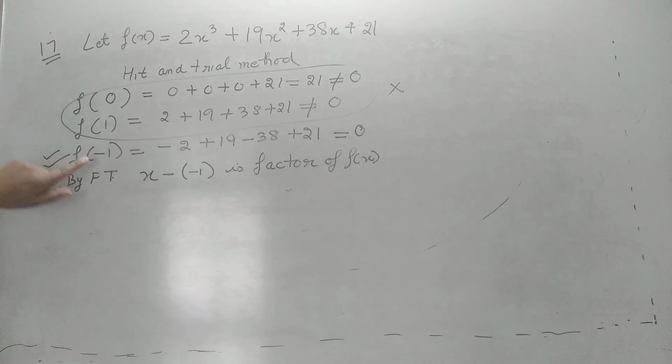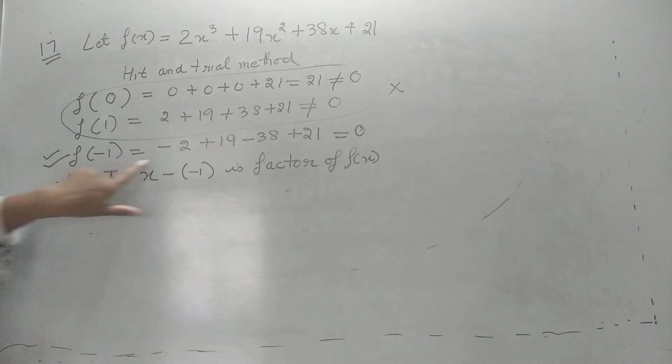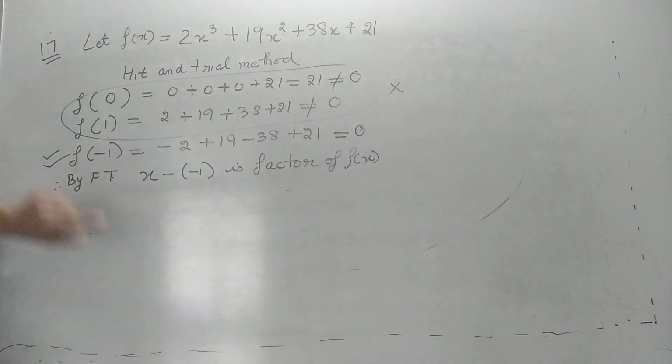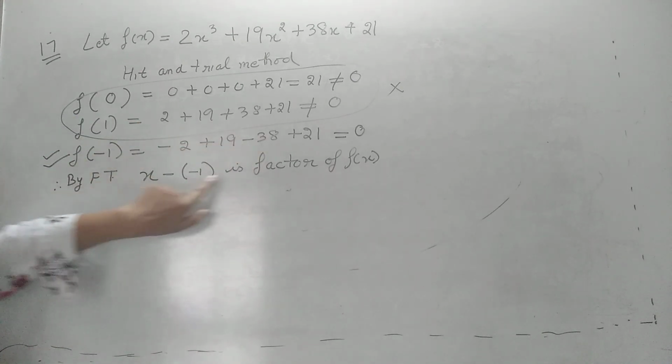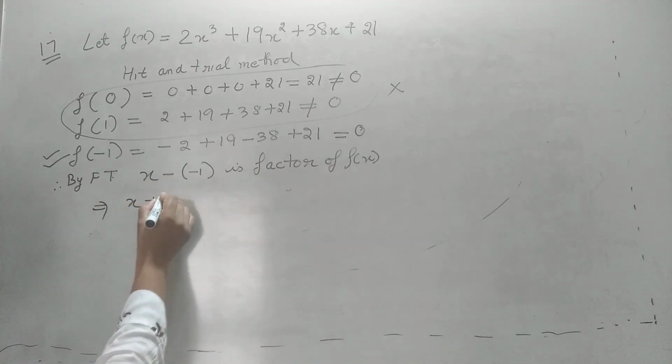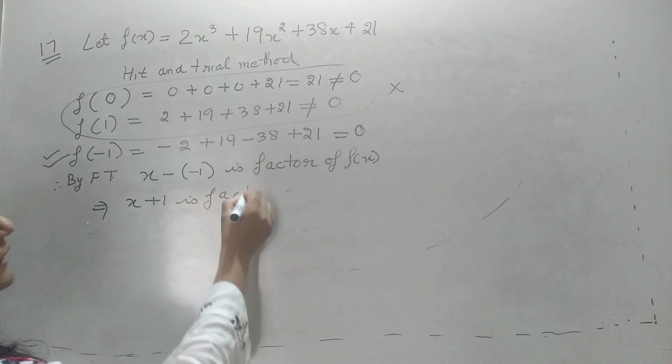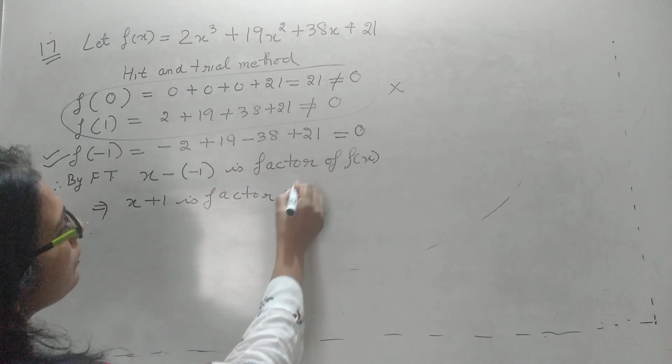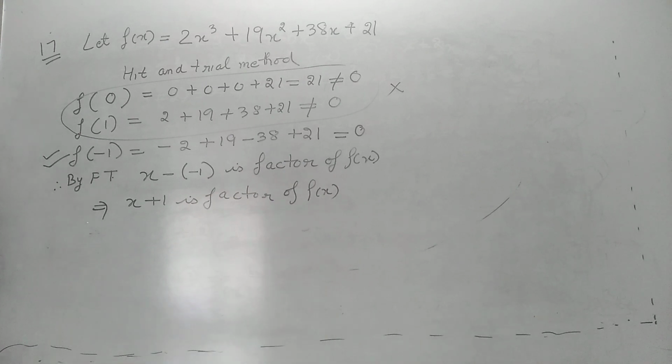You can directly show only that number for which the expression becomes 0. Now, if f of alpha is 0, then by factor theorem, x minus alpha is a factor of f(x). What is meant by this? That means x plus 1 is the factor of f(x).